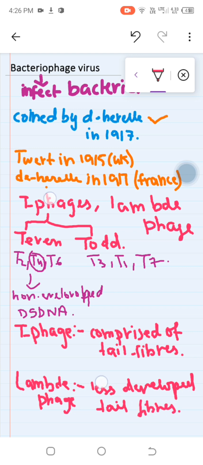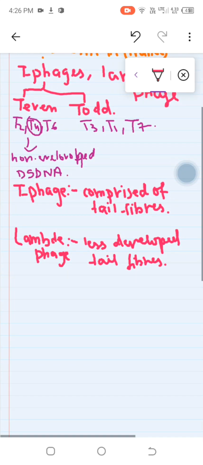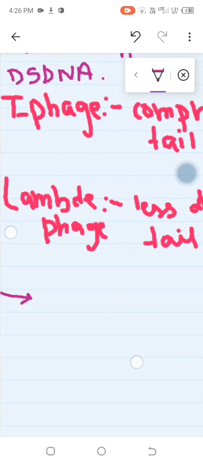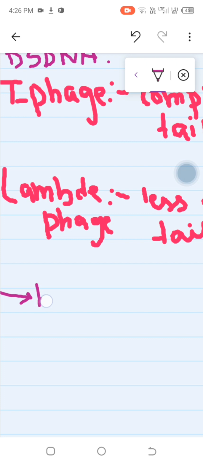Now let's see the bacteriophage virus in more detail. These bacteriophage viruses are highly host specific.